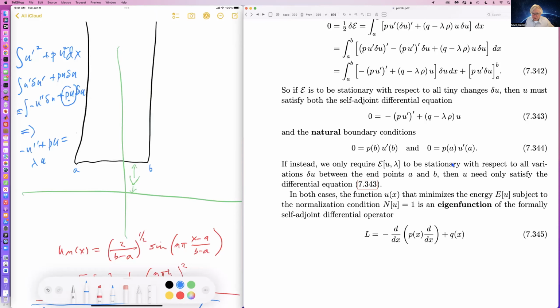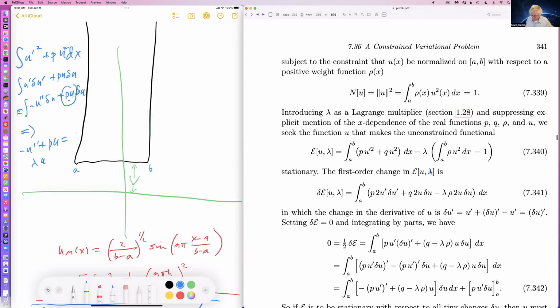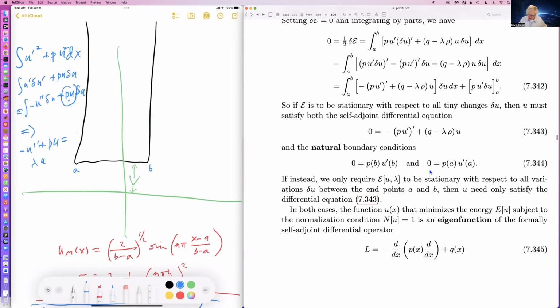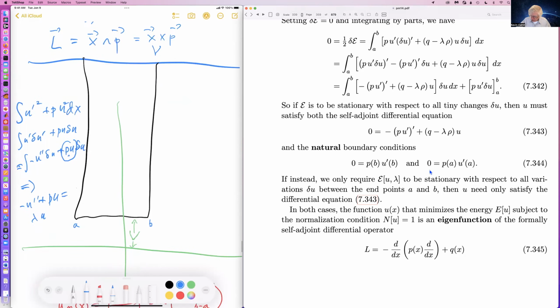So let's actually remember back when we were just a moment ago talking about the simplest self-adjoint second order system, which was minus u double prime equals lambda u. Well, that's effectively the same thing as an infinite square well potential.